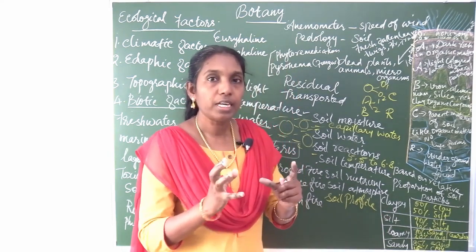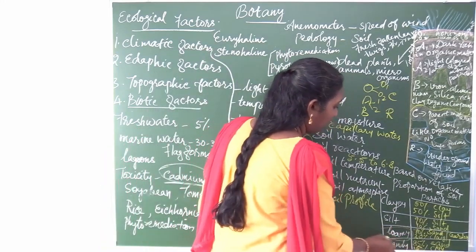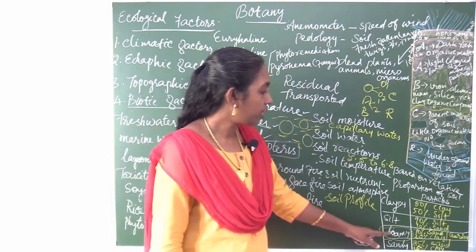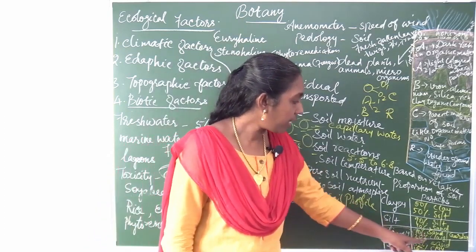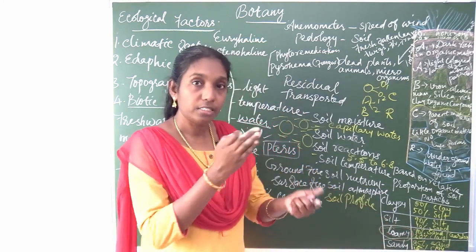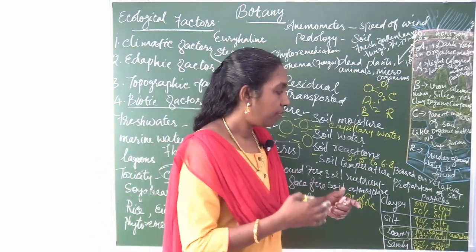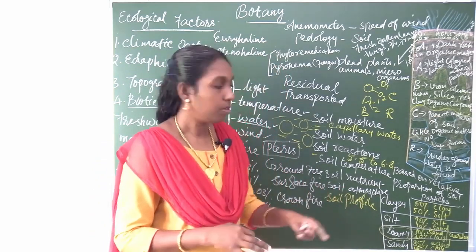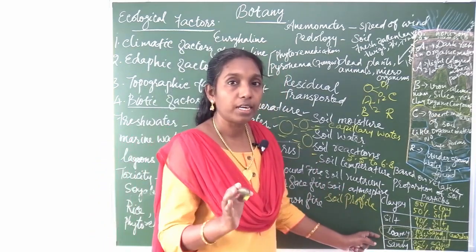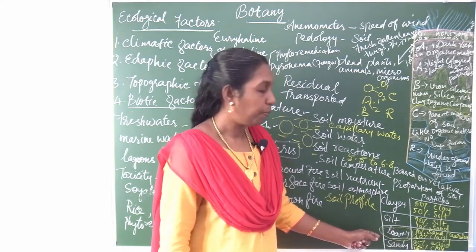The most available soil used for the cultivation of plants is loamy soil, which consists of 70% sand and 30% clay and is used for gardening. So loamy soil is the suitable soil for cultivating plants.